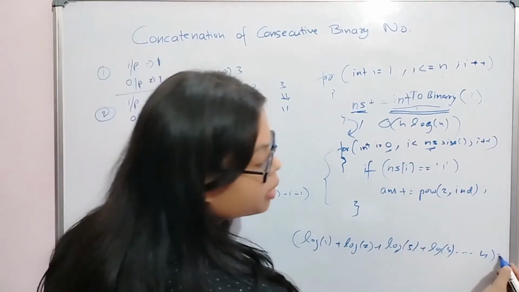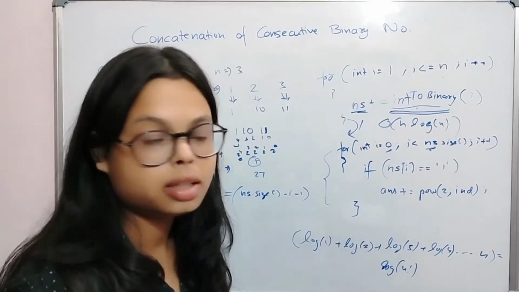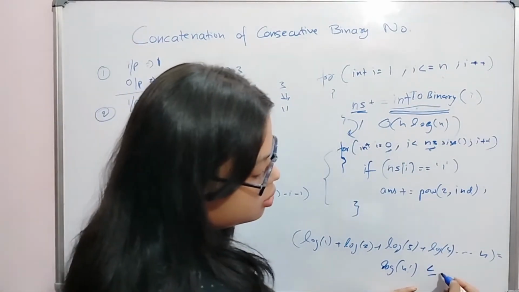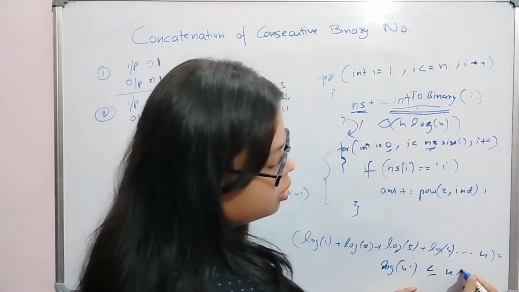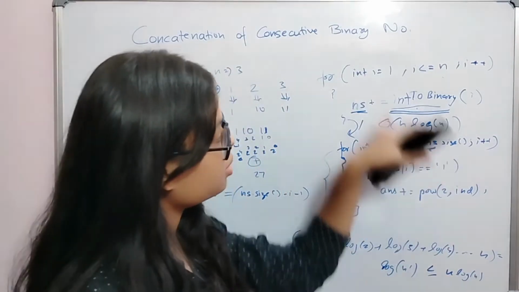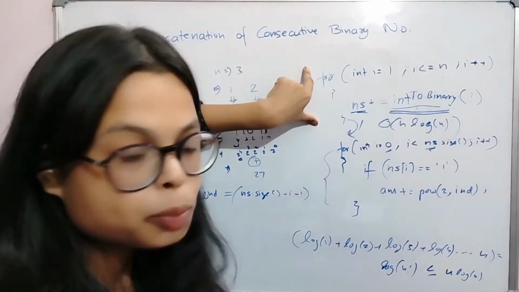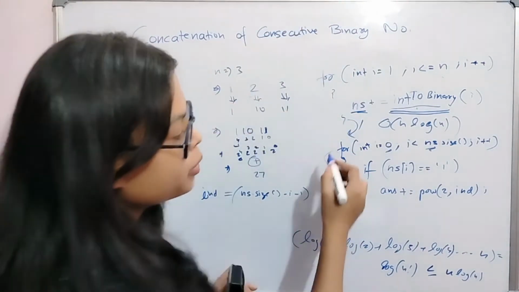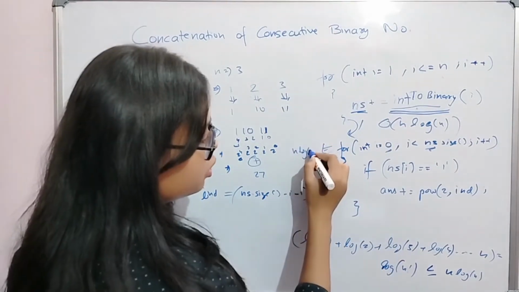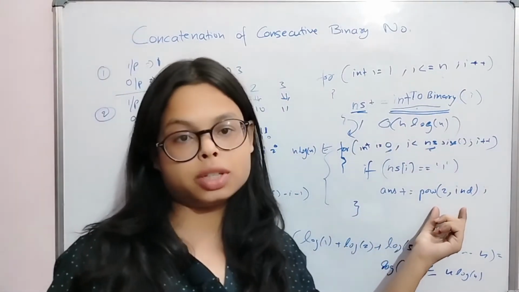This is nothing but log of n factorial, which is less than n log n. So this for loop is taking n log n, and we'll consider n log n. And now again this power calculation.